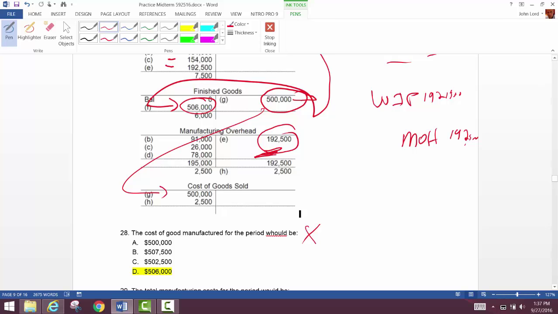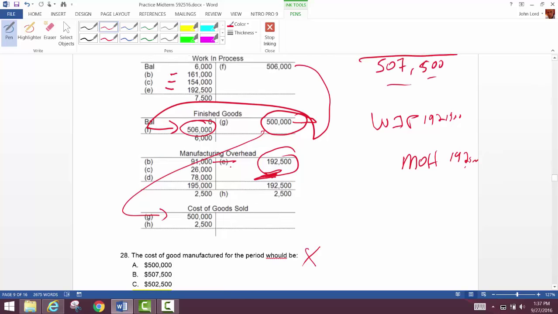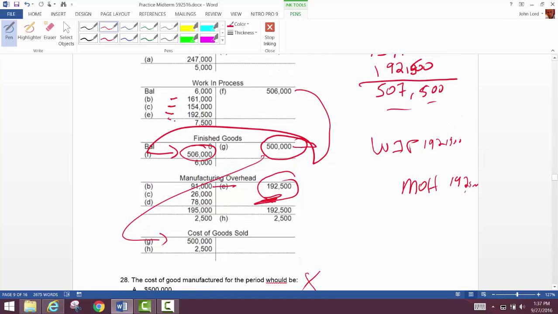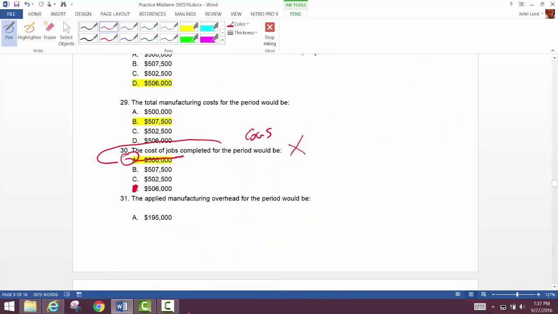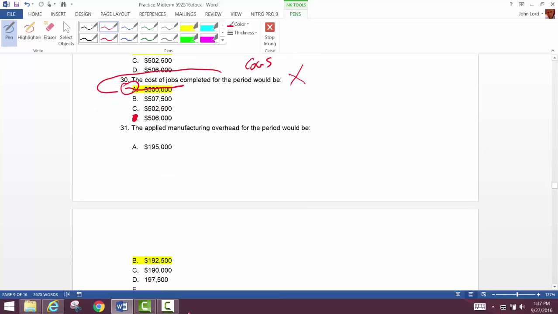This is a credit to the manufacturing overhead. Right? And do I have a debit to the work in process for that? So there we go. We're good, right? So the answer is 192,500. Must be the applied.